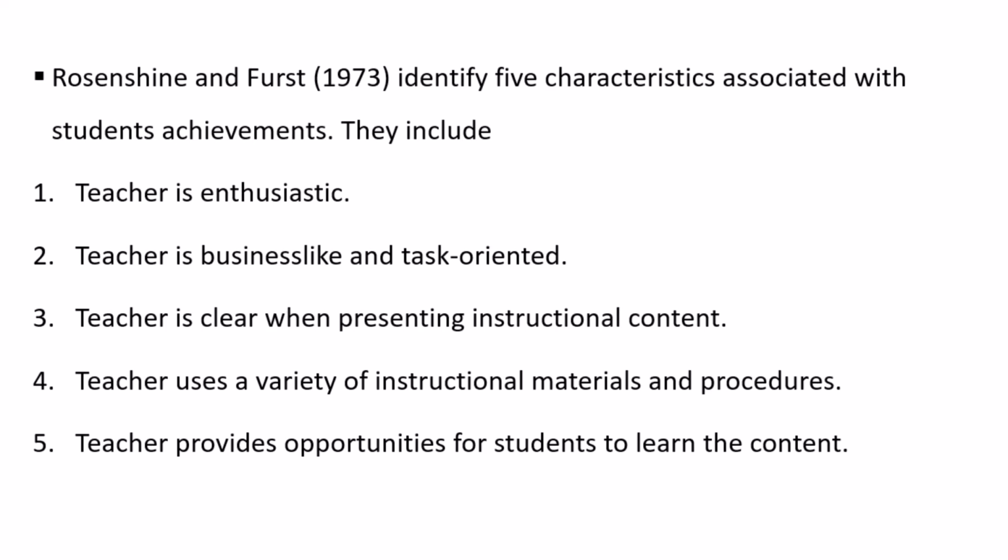Their conclusions include: the teacher is enthusiastic; the teacher is businesslike and task-oriented; the teacher is clear when presenting instructions and content; the teacher uses a variety of instructional materials and procedures; the teacher provides opportunities for students to learn.